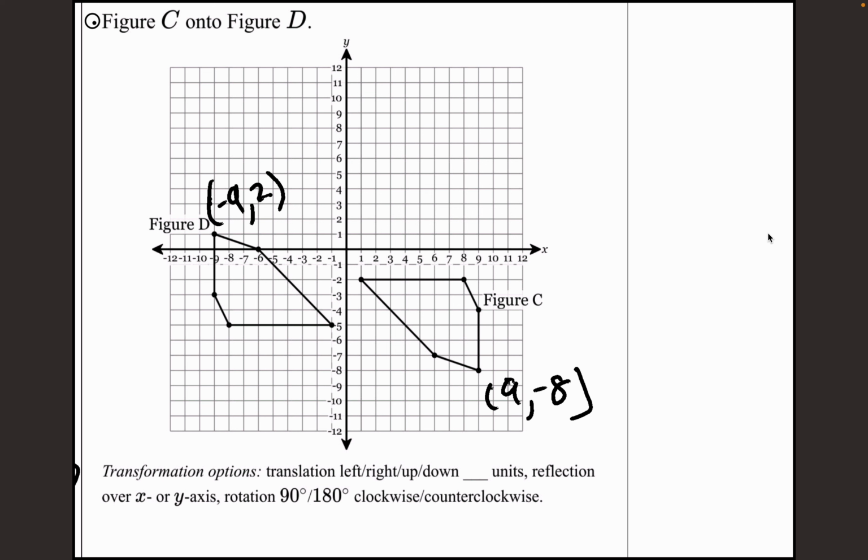Yeah. 2. Wait, which one am I looking at? This is a 2. Oh my gosh, it is 1. That isn't a 2, that's a 1, my bad. Thank you. 40.